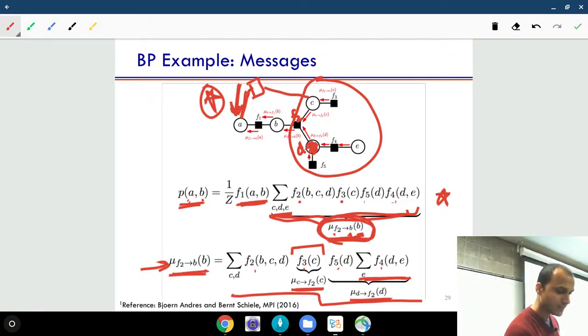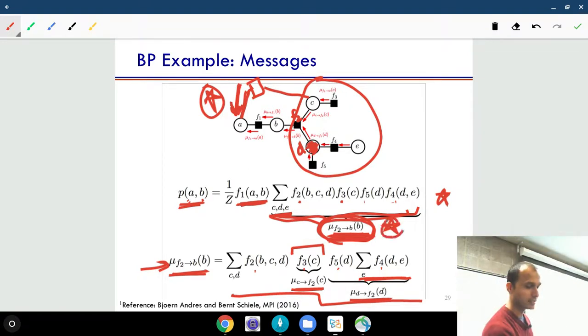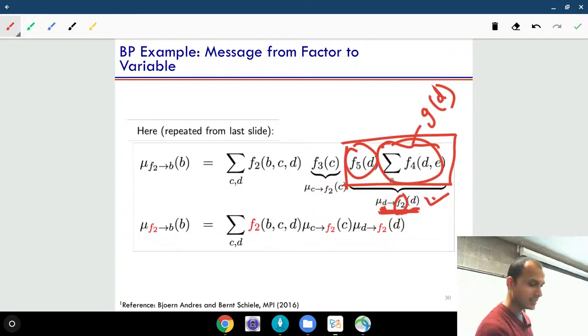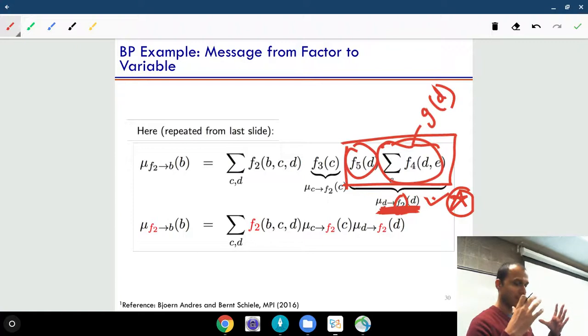The message that we spent some time on is a message from F2 to B. That message, this message here, star, is a message from a factor node to the node B. Whereas this message which we just discussed now, the second star, is a message from a variable node to a factor node. So it's slightly different, but we are just interpreting through this example what we could call messages, and I'll show you the general principle. The general principle is very simple, but let's walk through this example a little bit.